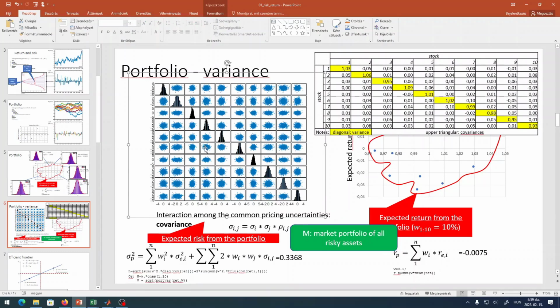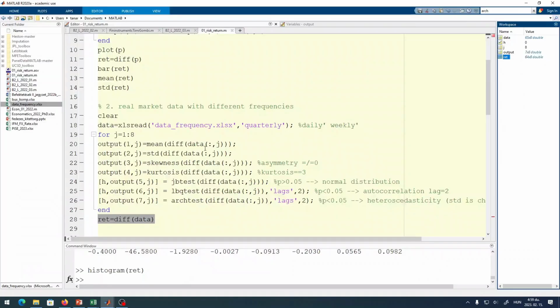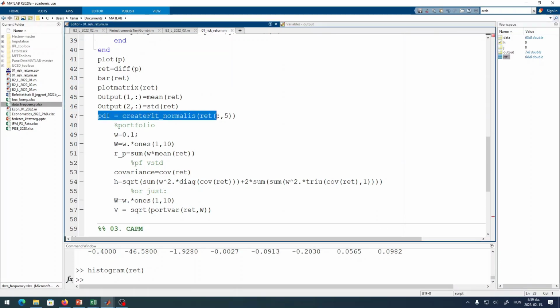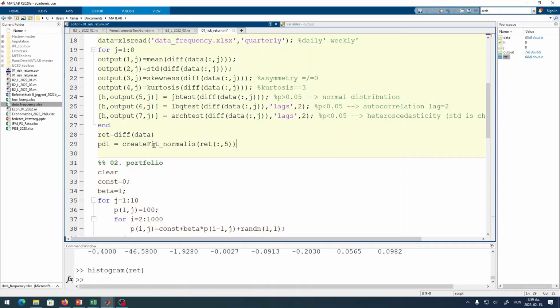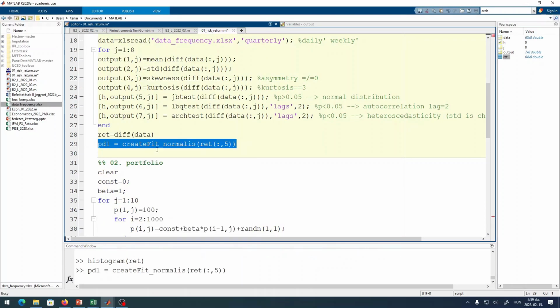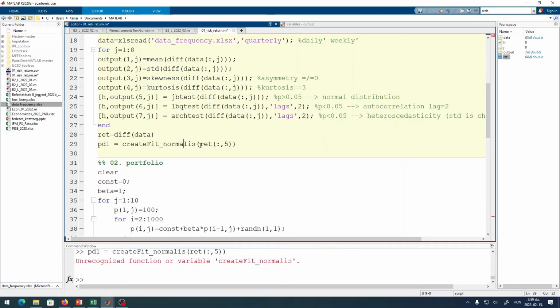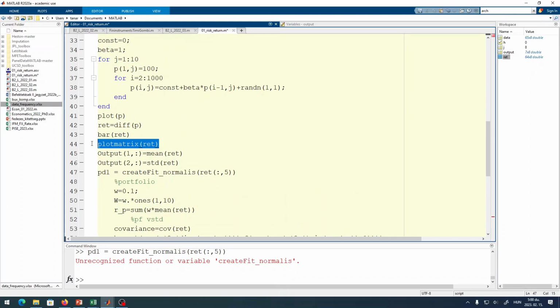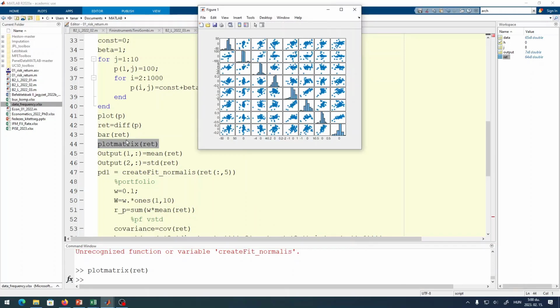And I know that I did it somewhere else. Maybe let's see the script. Yes, this one. Okay, sorry. I recognize the functional variable. Oh, maybe I should not remove the previous part from the script. Or plot matrix. Yes, this is what I'm looking for. Okay, so plot matrix.